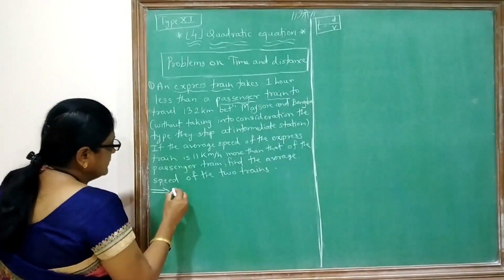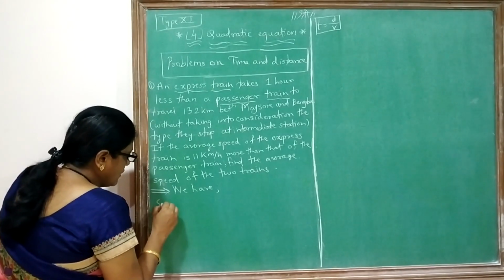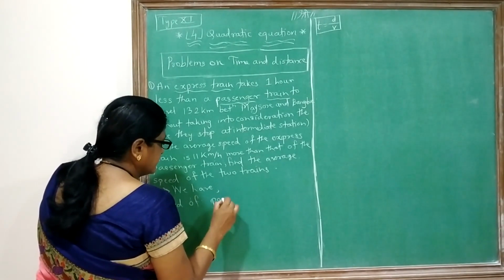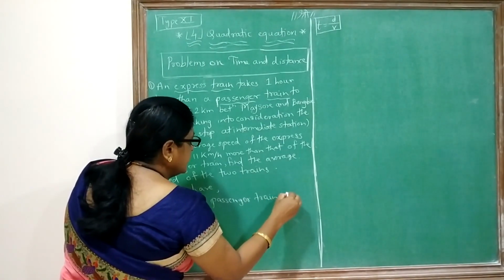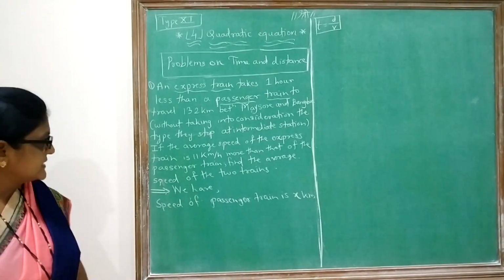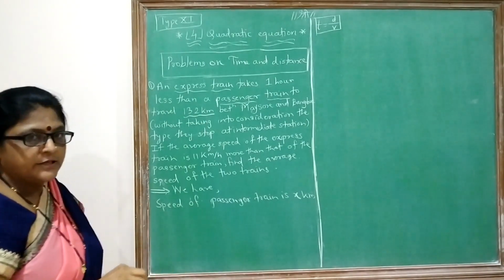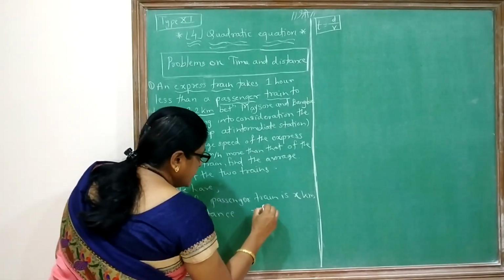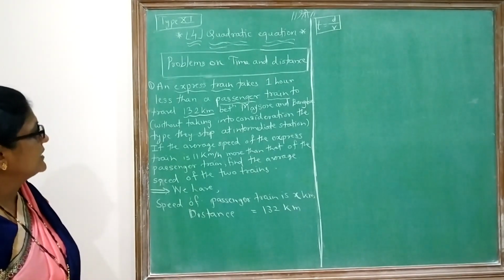First you will write: let the speed of the passenger train be x km per hour, and the distance is 132 km.